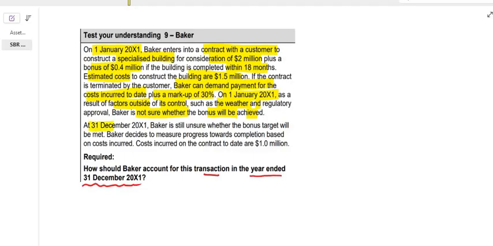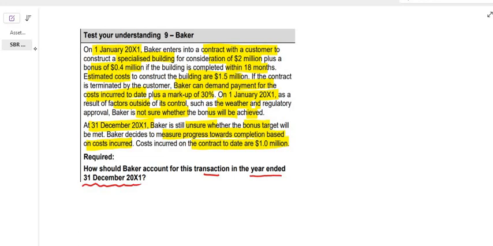Now on 31st December 2001, B is still unsure whether the bonus target will be met. Now B decided to measure the progress toward completion based on cost incurred, and the cost incurred on the contract is this amount.